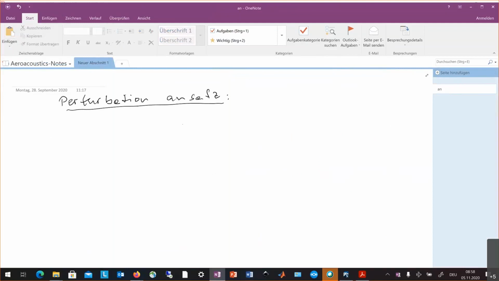So we have a density which is clearly a function of position and time, and we decompose it as a mean density, which is no function of space and time, plus the acoustic density, which is clearly a function of space and time.